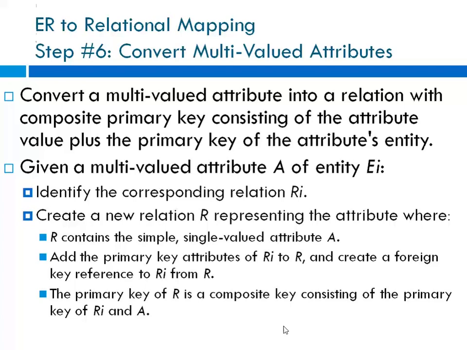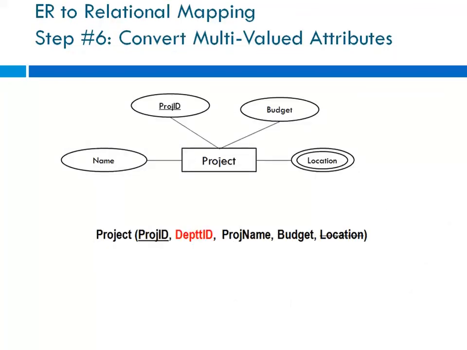Here the project entity has these attributes: project ID, name, budget and location. Location is shown in a double ellipse, which means it is a multi-valued attribute.